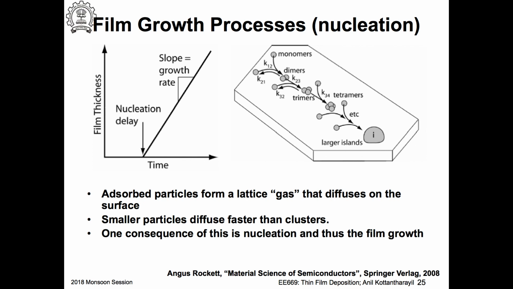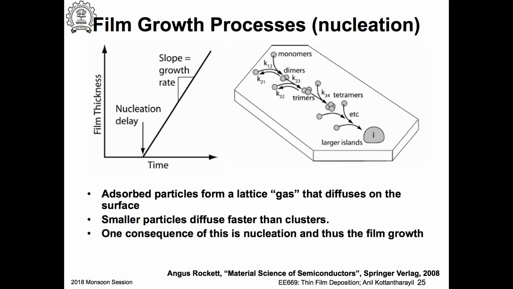Many students make this mistake: I have this growth curve, right? I measure the film thickness for a certain time of deposition, everything else is the same. And I want to deposit, let's say, a 2 nanometer film or 1 nanometer film. How do I find the time that is appropriate for this?